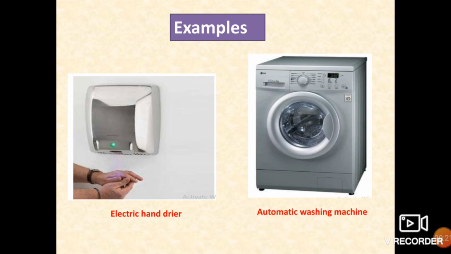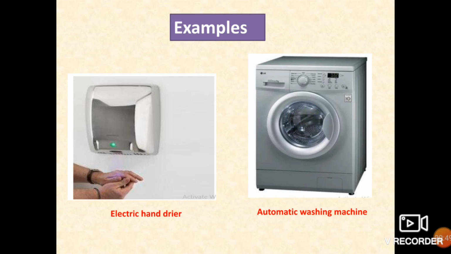As shown in this figure, we keep our hand under the electric hand dryer and it dries our hand, but even when our hand becomes dry, it will generate hot air continuously.